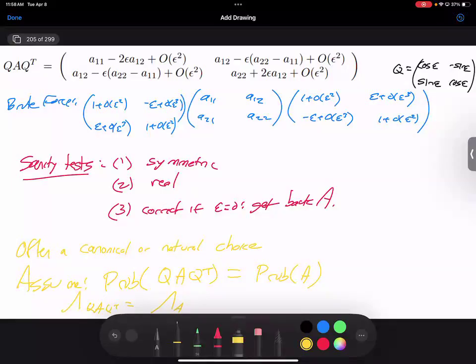Does anybody know how to prove that the eigenvalues are the same when you do orthogonal conjugation? So, theorem: Q A Q transpose and A have the same eigenvalues.